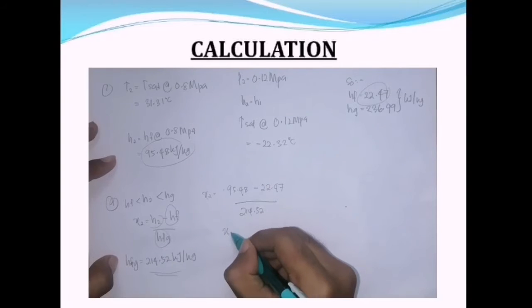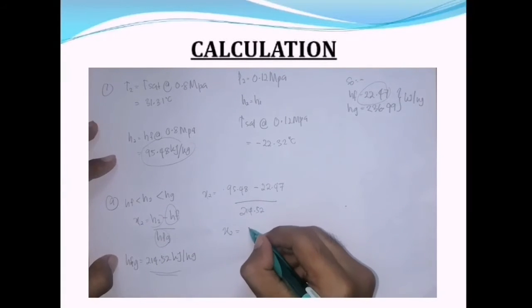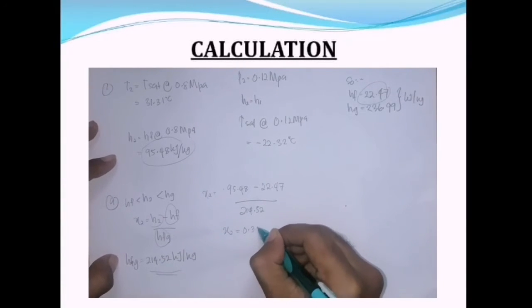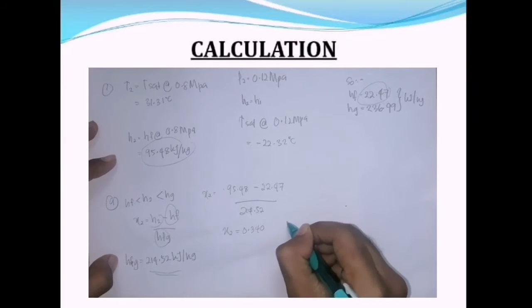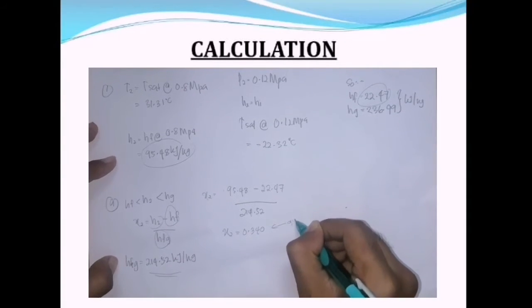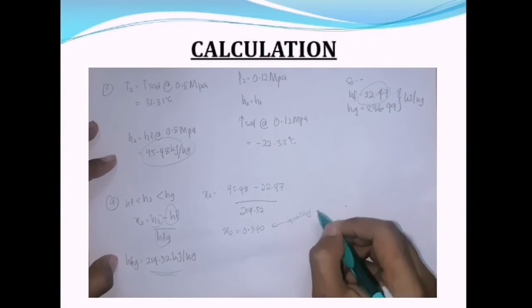After we use the calculator, we got the answer is 0.340. This is the answer for the quality.